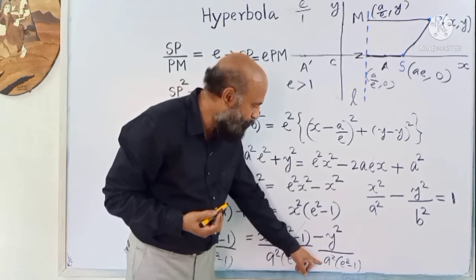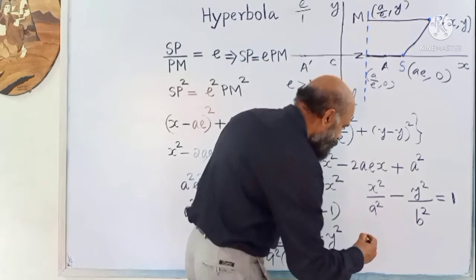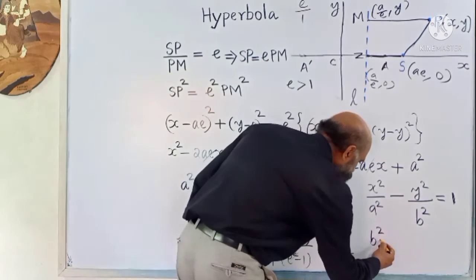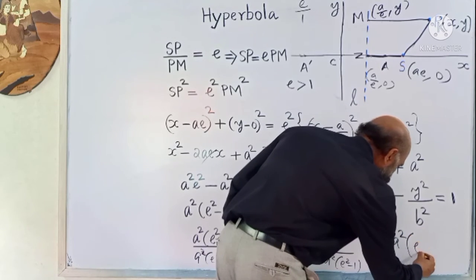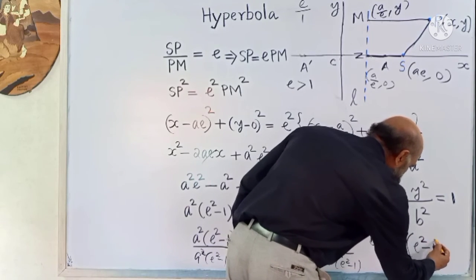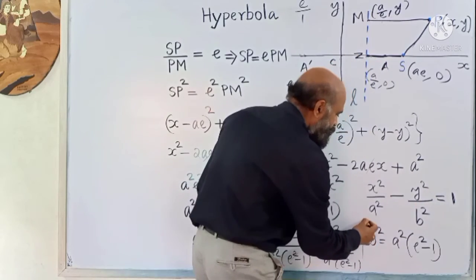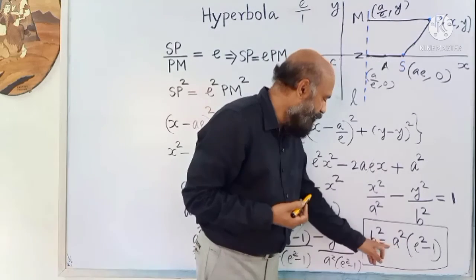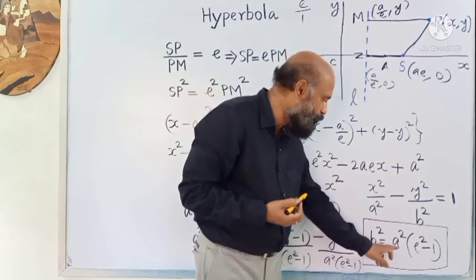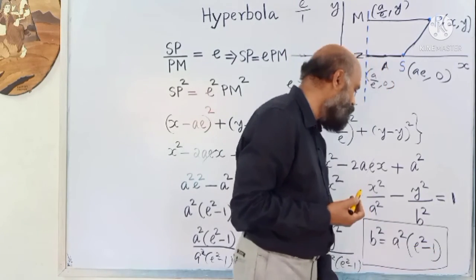So for this we have written B square. B square is equal to A square into E square minus 1. This is the relation between B and A.